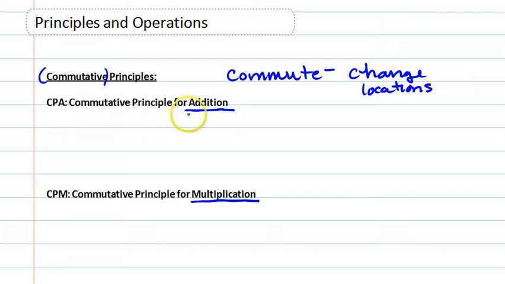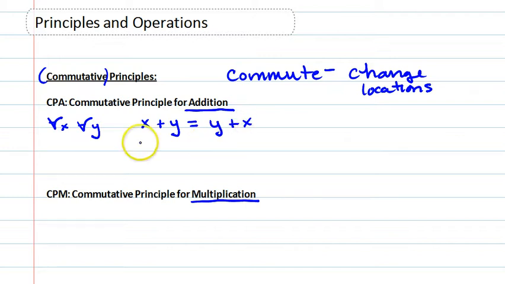So, the commutative principle for addition is about changing locations of variables or numbers when doing addition. So for all real numbers x and all real numbers y, I can take x and add it to y, and that should be equal to taking y and adding it to x. So I've changed the location of my variables, and this should be true.